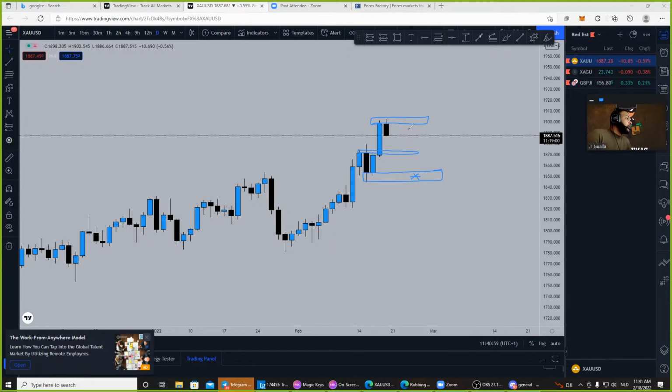So if we close bearish on a daily, then we're stuck in this range, from here to here. Actually, let's just be safe, because it's a daily, and this could do some stuff.